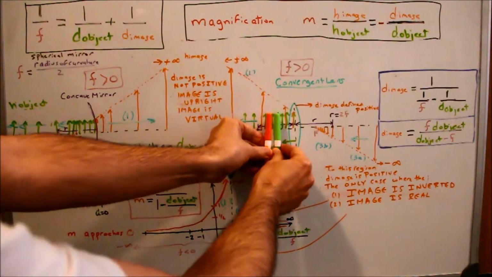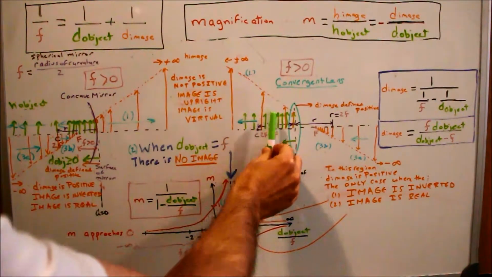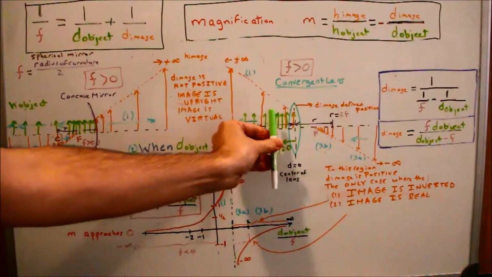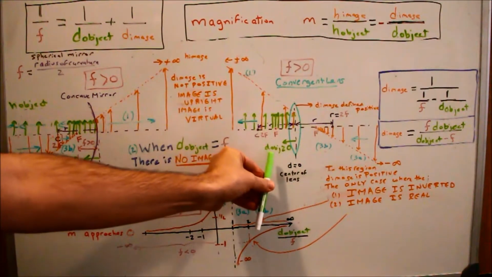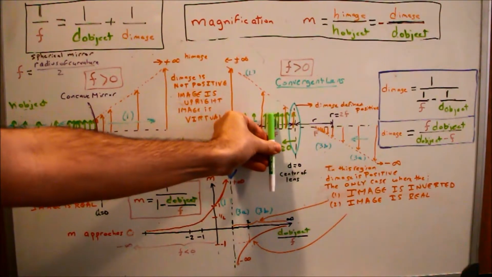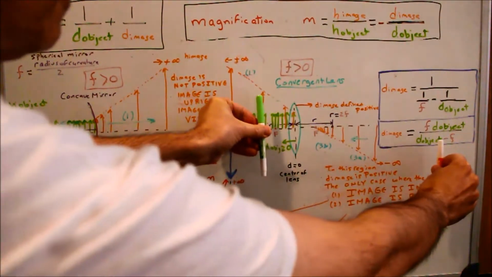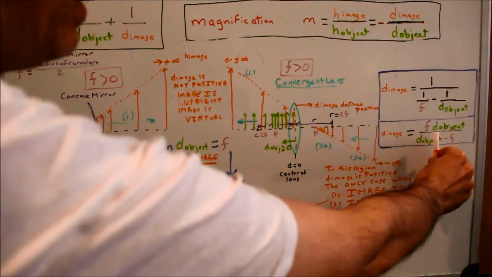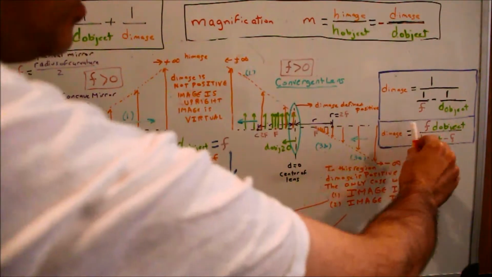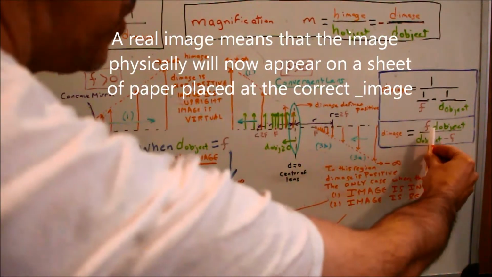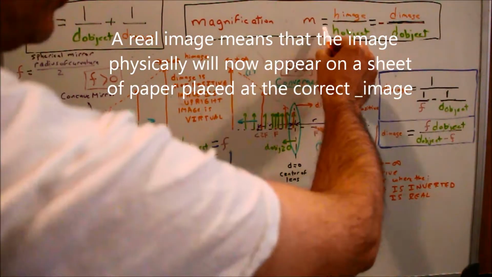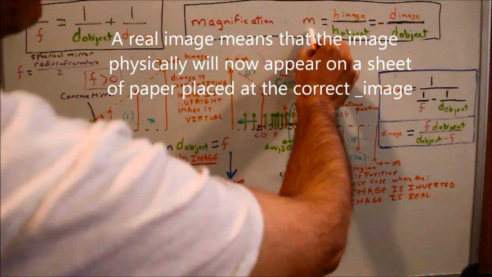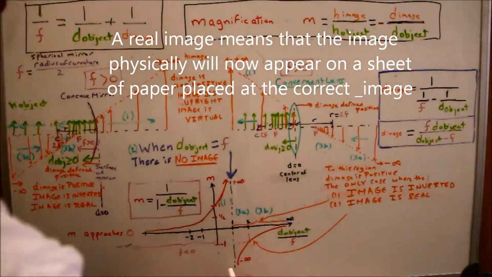And then if I go a tiny bit past the focal point, where my object distance is slightly greater than my focal length, what happens immediately? The image turns upside down. It's inverted. It becomes real, and it has a very large negative magnification.